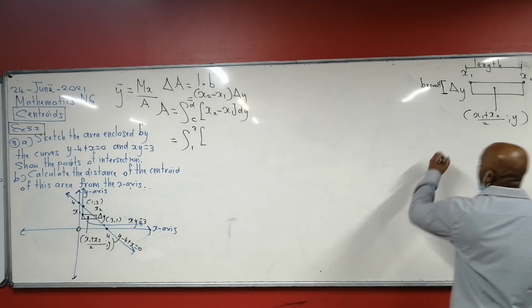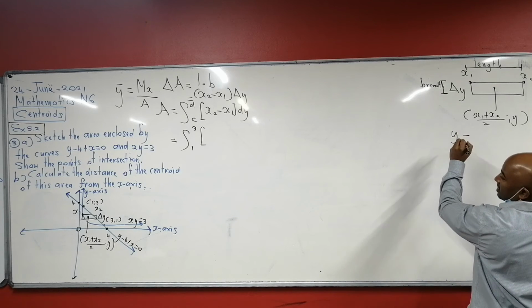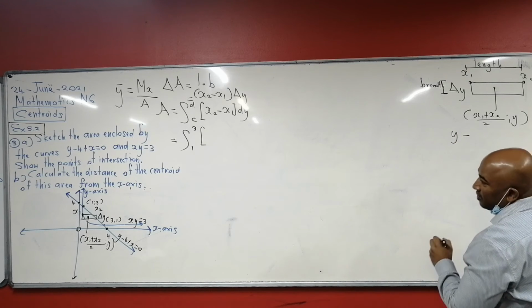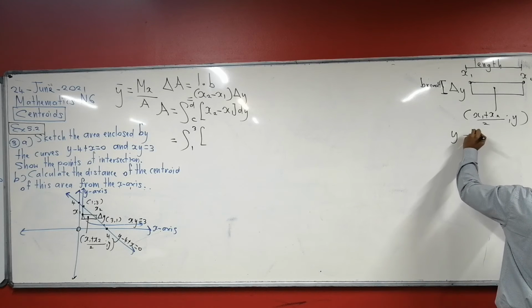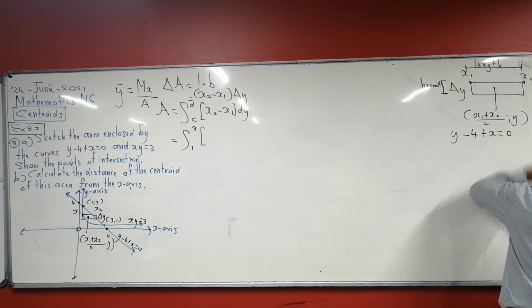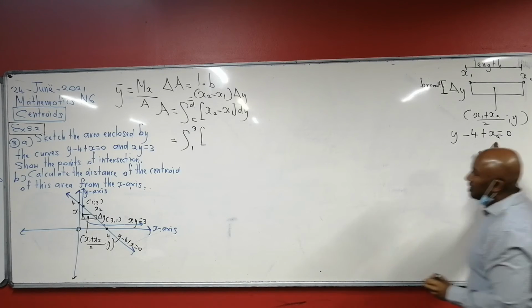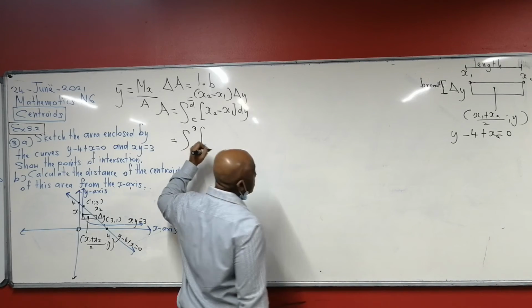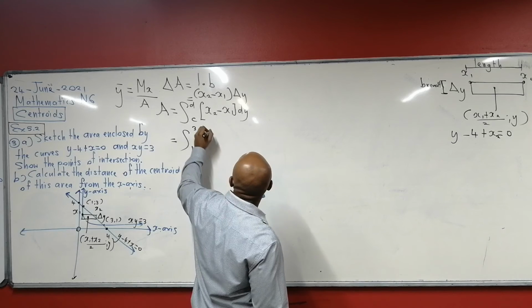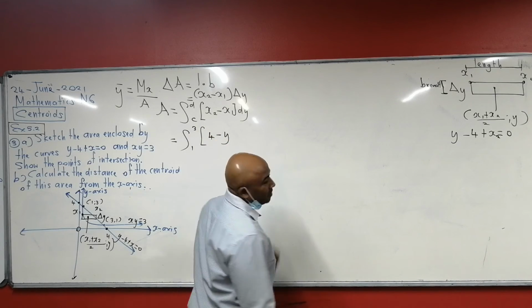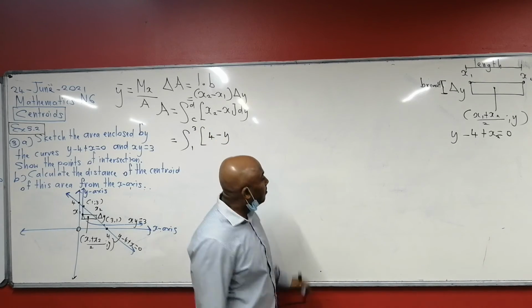Right, so remember there you got y minus 4 plus x is equal to 0. This is x2. Make x2 the subject of the formula. So x2 is going to equal 4 minus y. Right.